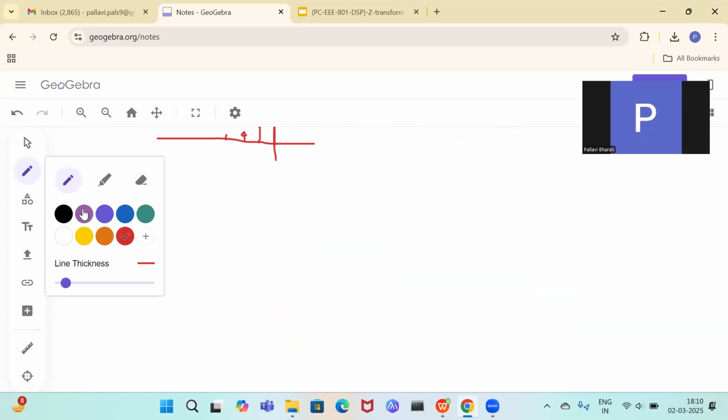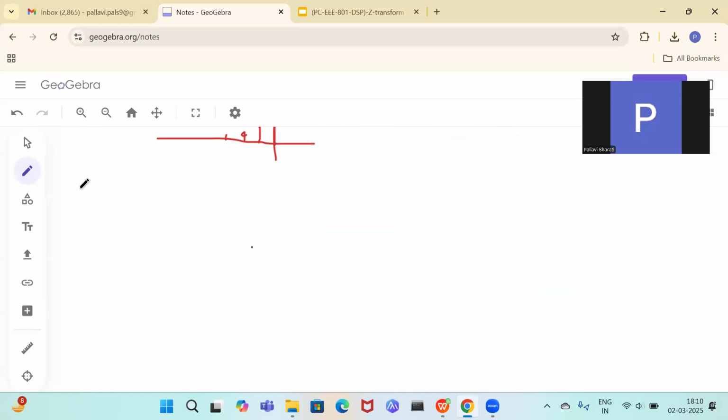First of all, we will do the proof for this. The proof involves first seeing what your signal is: x of minus n. If you take the Z transform of x of minus n, it is the summation from n equals minus infinity to infinity of x of minus n z to the power minus n.